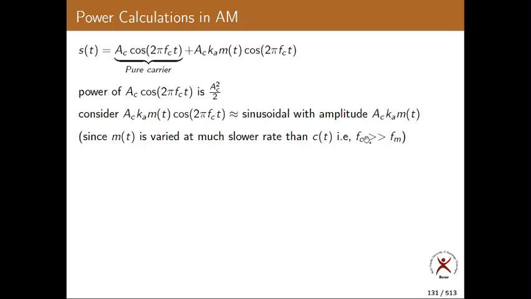The frequency of the carrier is much more than the frequency of the message signal, so the carrier varies at a much faster rate than the message signal. That is why I am assuming that cos 2 pi Fc t is a sinusoidal signal with amplitude Ac Ka m of t.